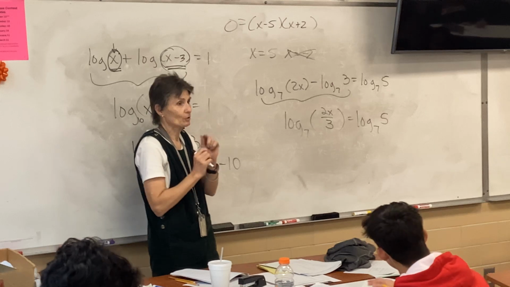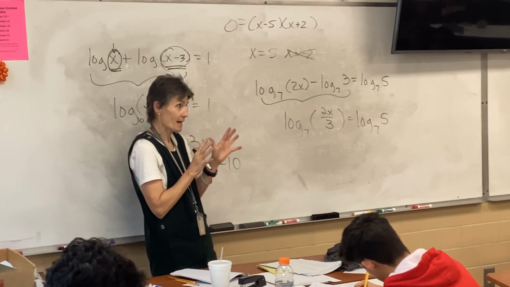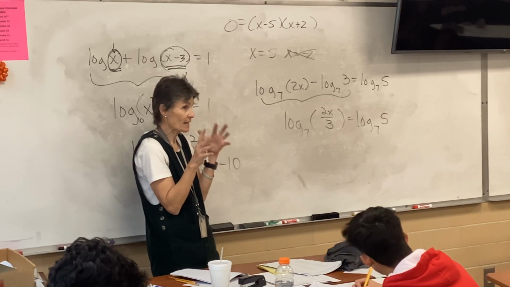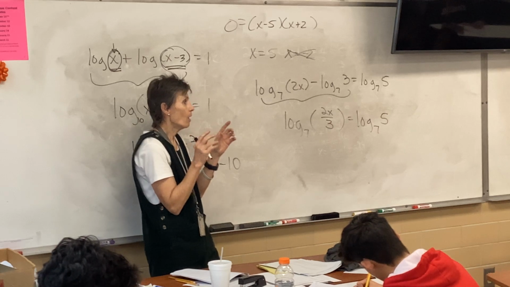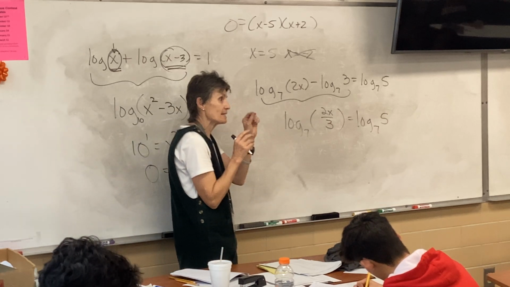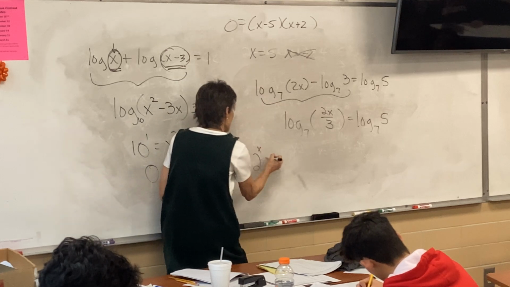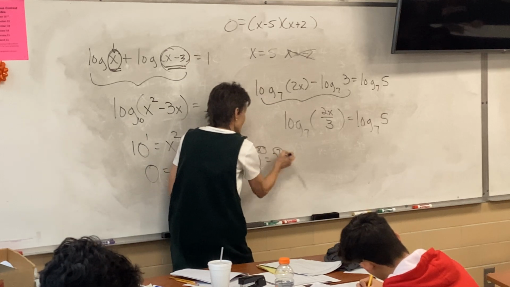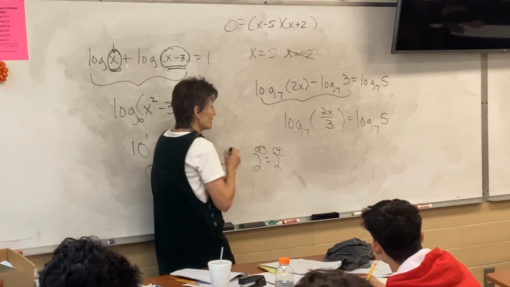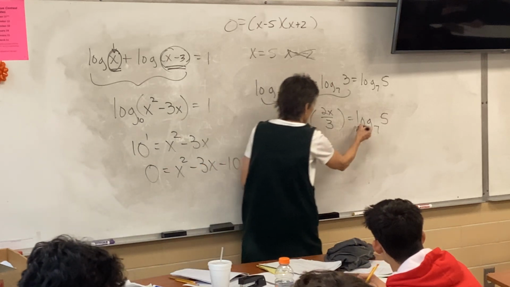Now, you're not going to loop-de-loop. Would everyone agree with that? This is a different animal. Remember when we had a common base, like 2 to the x equals 2 to the 7? We just set those equal to each other. See how these are the same?